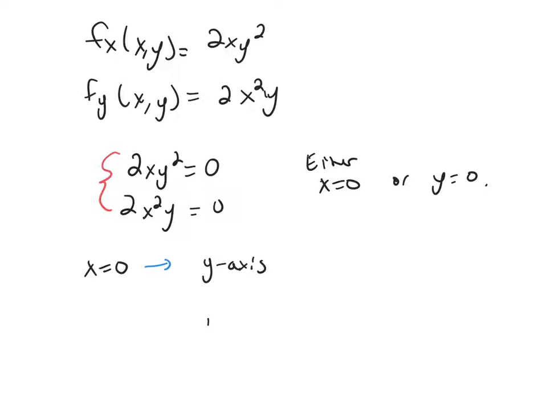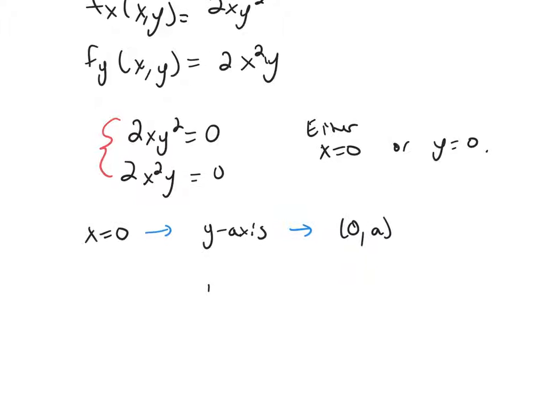So I'm looking at the points of the form (0, a), where a is any real number. And if I'm looking at y equals 0, we're talking about the x-axis, which means I'm looking at points (b, 0).